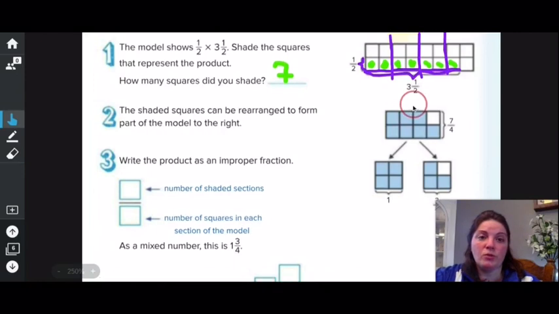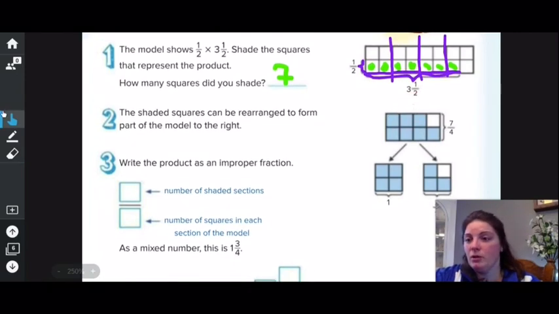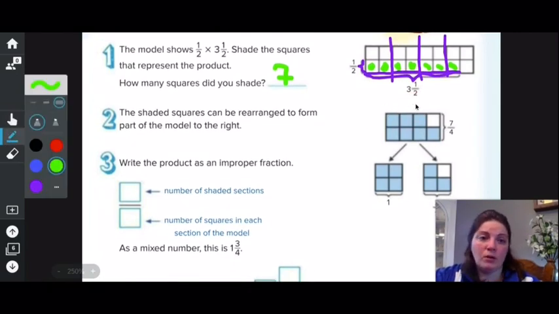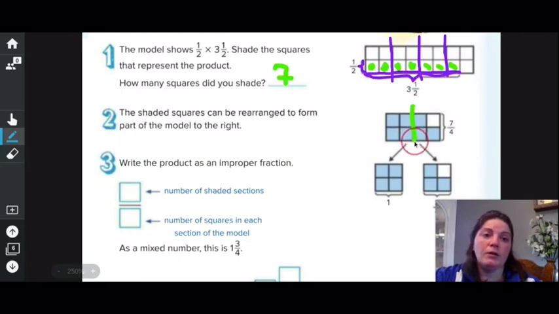Because if I draw a line right here, now I have 2 groups of 4s. I have 7 pieces of the 4ths.